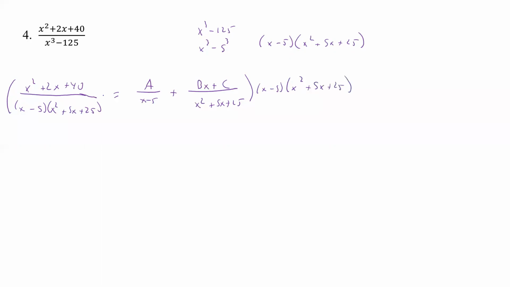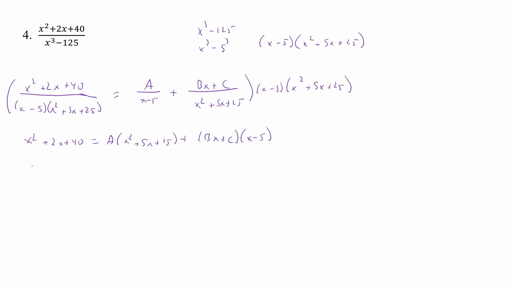So multiplying it there, we get just x squared plus 2x plus 40 equals. Now the x minus 5's cancel, so we have a times x squared plus 5x plus 25. And then plus, and then those cancel, so we have bx plus c times x minus 5.